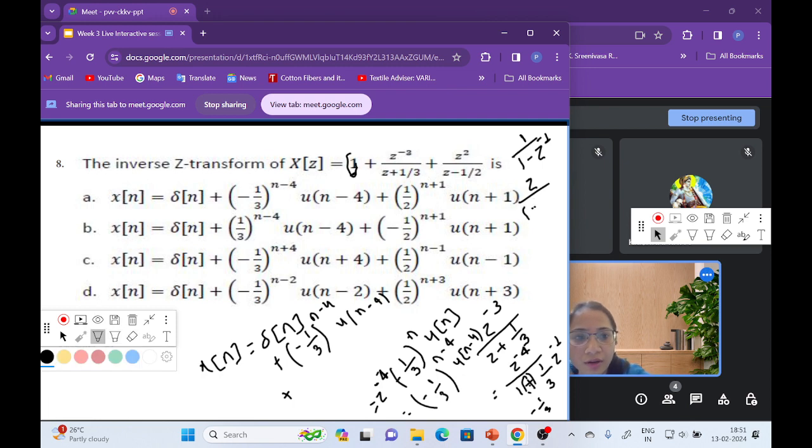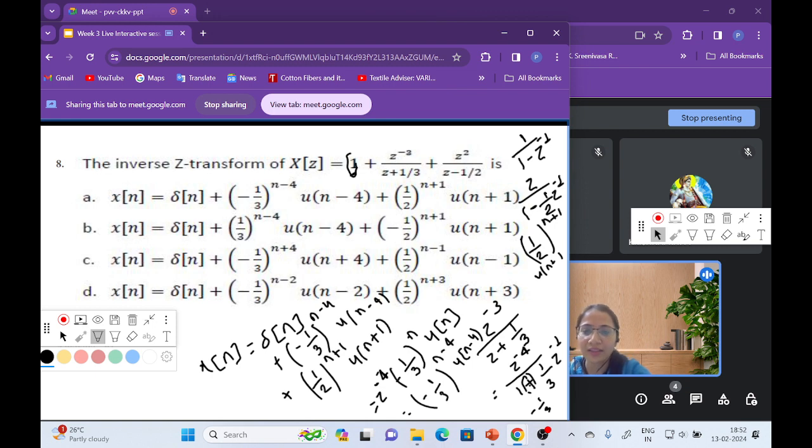So 1 minus 1 by 2 z inverse. So there is a one positive delay, so u of n plus 1 will be there. And the whole function will be like this, 1 by 2 to the power n plus 1 and u of n plus 1. So if you are adding here, it will become 1 by 2 to the power n plus 1 u of n plus 1.